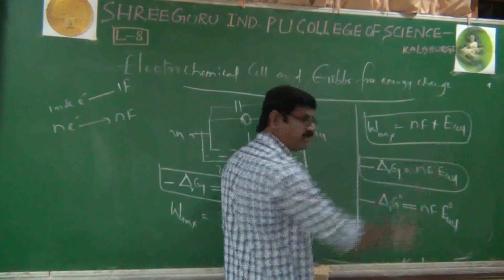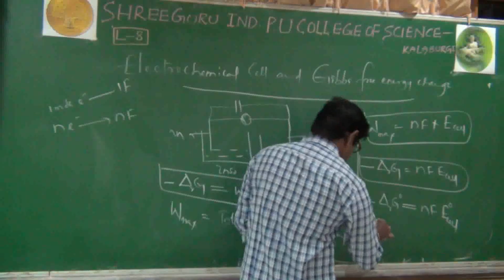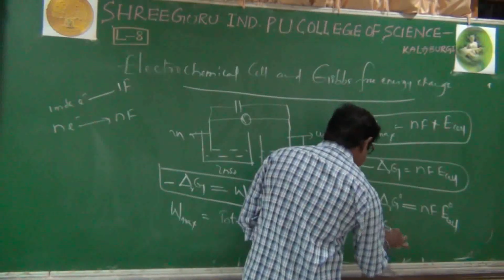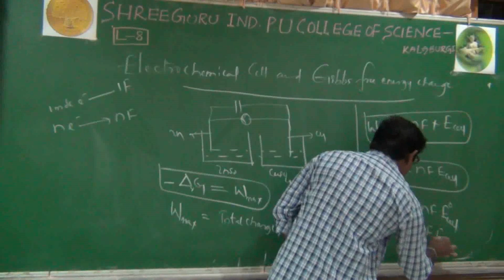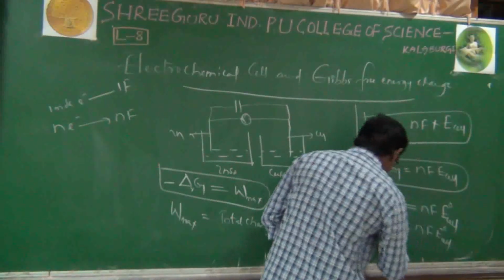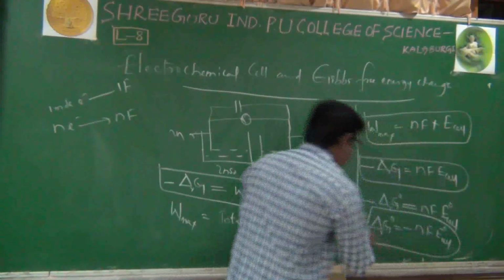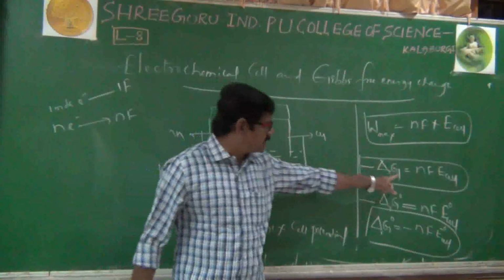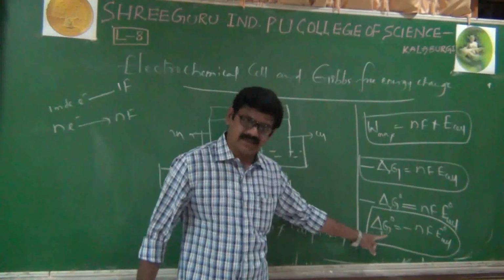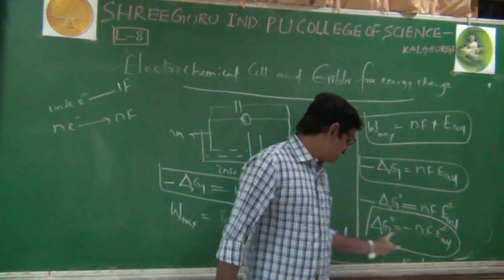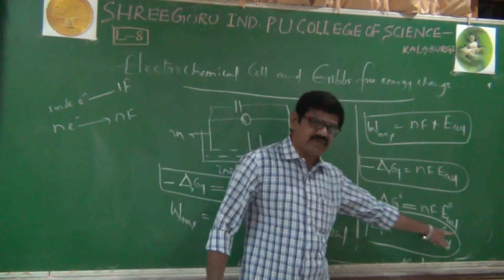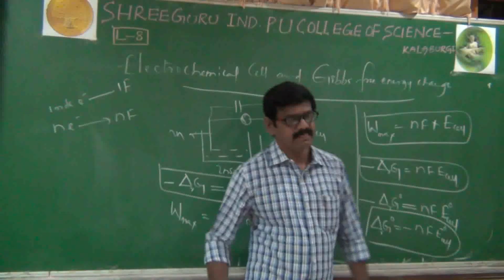If you bring the minus to the RHS, the same formula we can also write like this: delta G naught is equal to minus nF E naught cell. That's it. It is under ordinary conditions, at standard conditions. Here delta G equals minus nF E cell, and here delta G naught equals minus nF E naught cell. That's all.